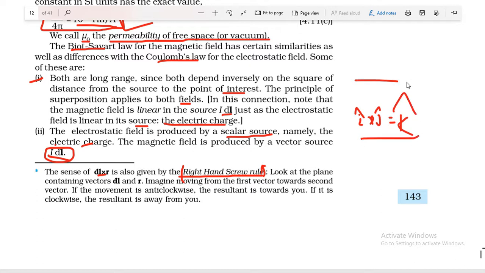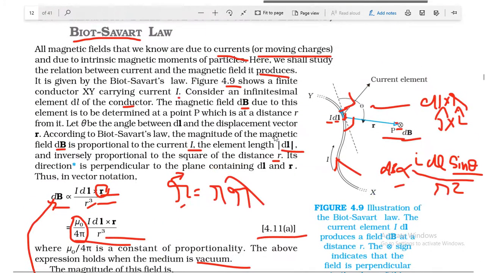By either rule you can find the direction of dB. The cross symbol represents that the magnetic field is perpendicular to the plane of paper and inward, which means away from your eyes, entering the screen. And this is the symbol for that statement.